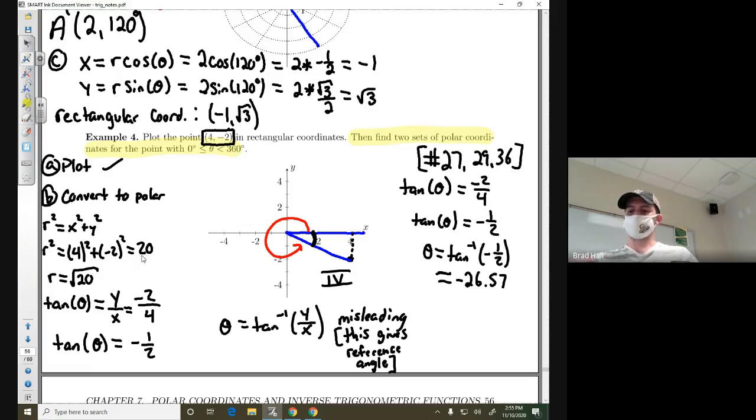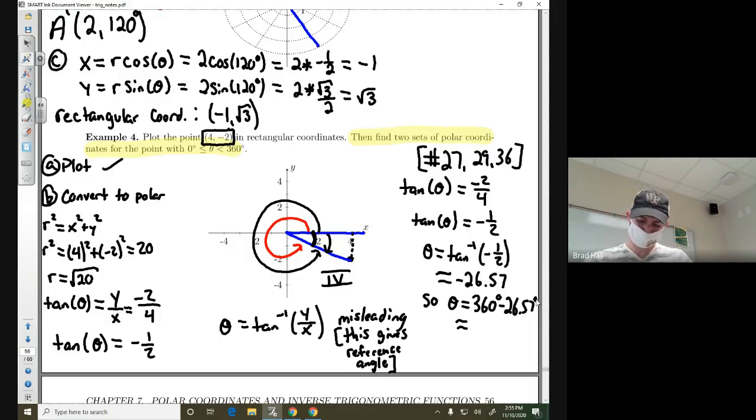So what we have to do with this reference angle, they're telling us this angle right here, but we need everything else. So it's just 360 minus that value. So theta is 360 minus the 26.57. So that is the true angle.